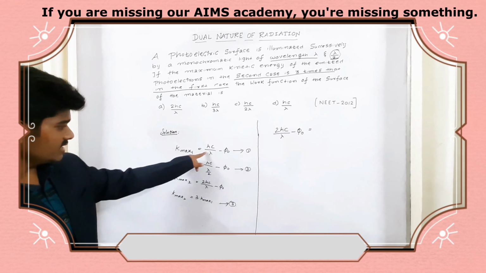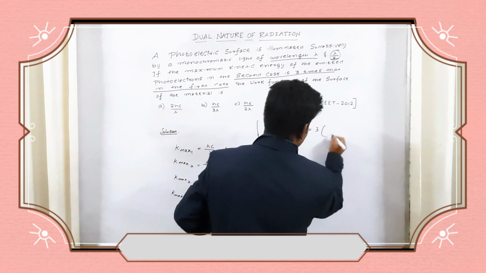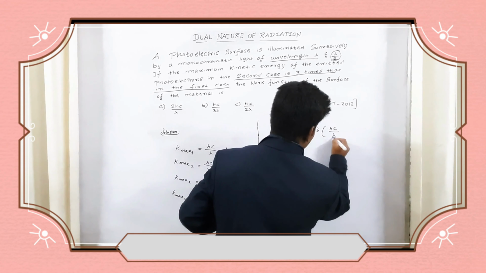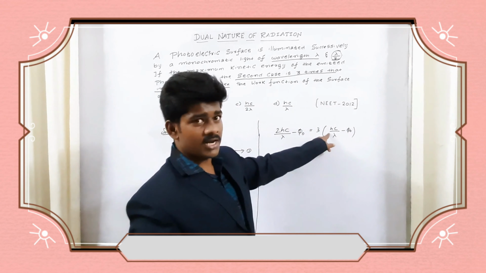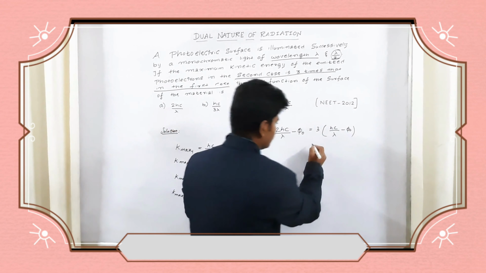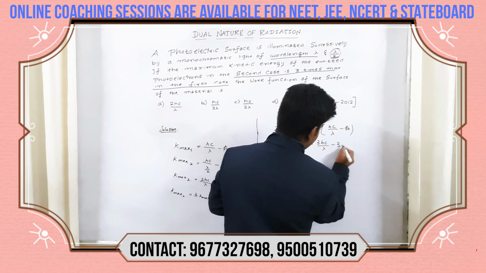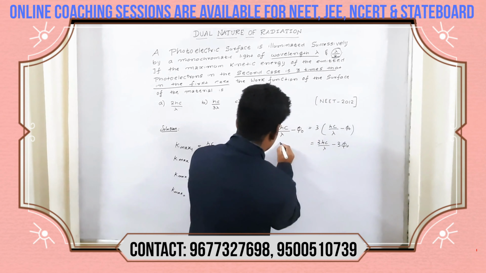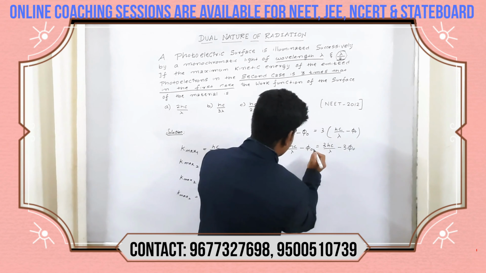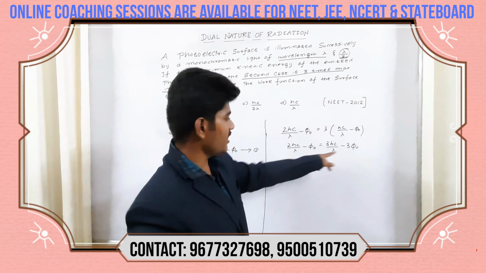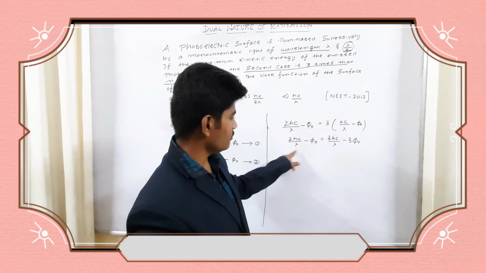Kmax1 value is equal to Hc by lambda minus phi naught. We write 3 into Hc by lambda minus phi naught. We distribute 3 to the Hc by lambda and minus phi naught. We write 3 Hc by lambda minus 3 phi naught. We take the phi naught value to the left hand side and Hc by lambda to the right hand side.